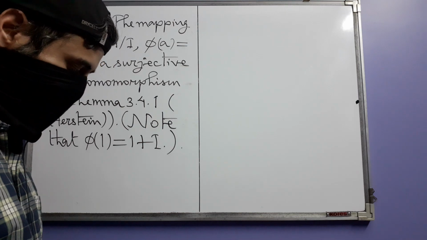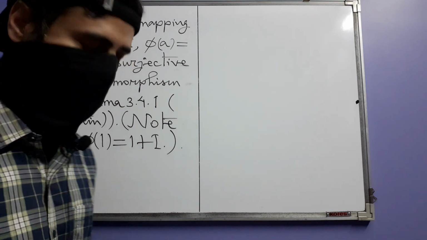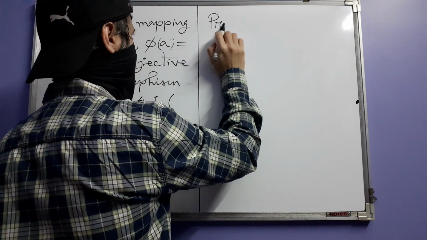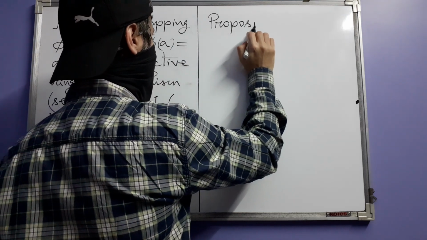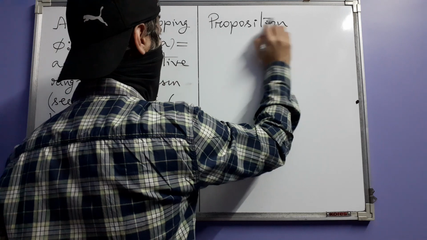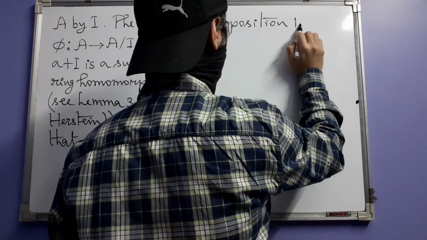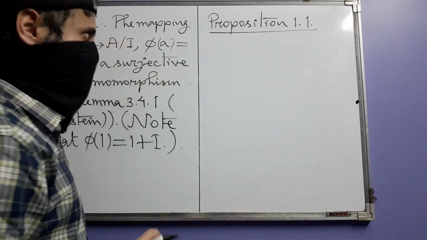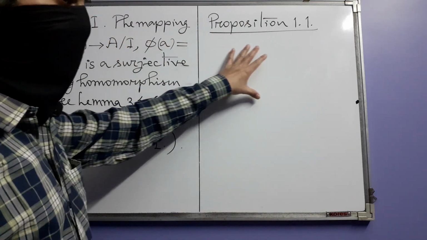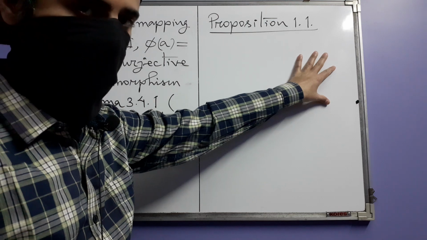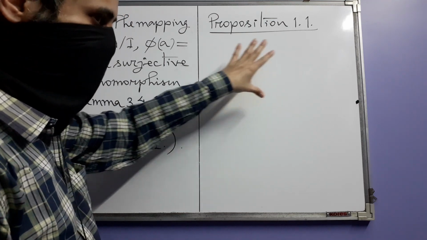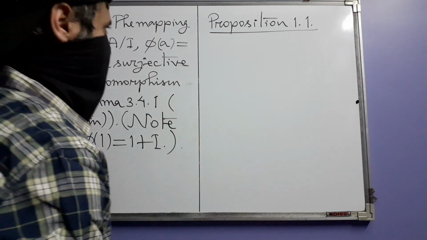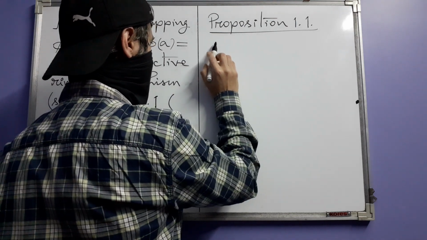This is given as Proposition 1.1 in this book. The statement is somewhat compactly given. Every detail is there, but let me write it a little more elaborately, a little more formally.